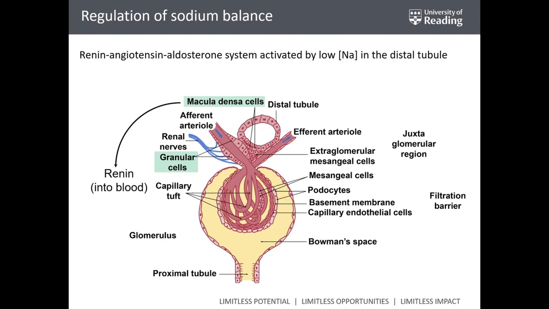Not only by that, it is also caused by a decrease in blood pressure, so by the collapsing of the arterial walls of the afferent arterioles. Okay.